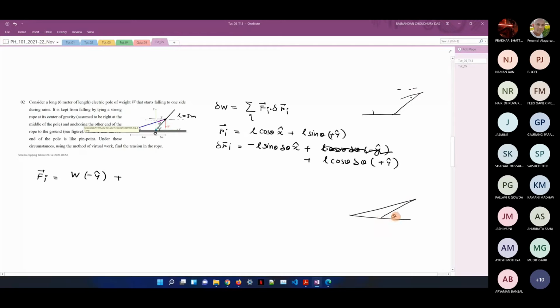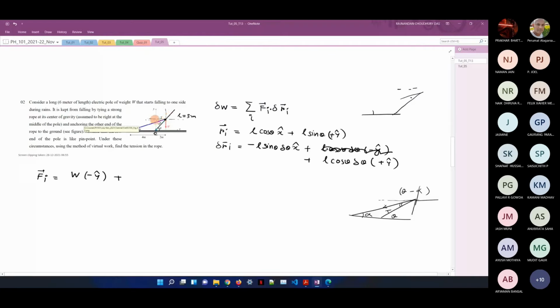So this is theta. This is alpha. We are supposed to find this angle. This will be simply theta minus alpha. So this is done. Once you know this angle, we have to write the component of T along this direction and this direction.